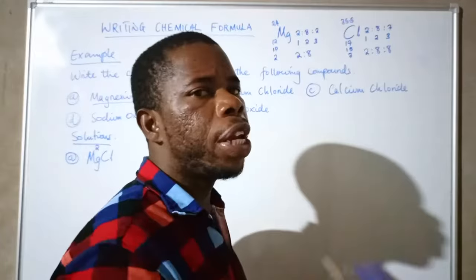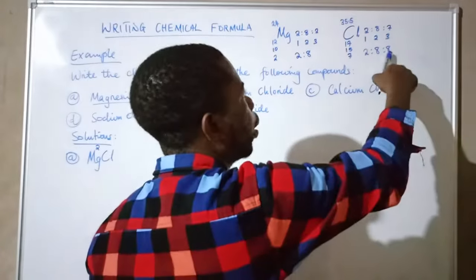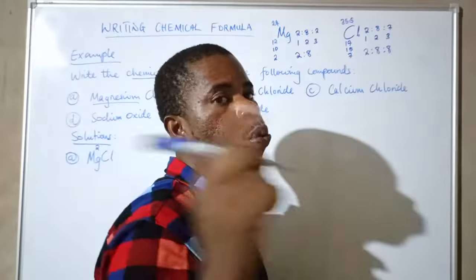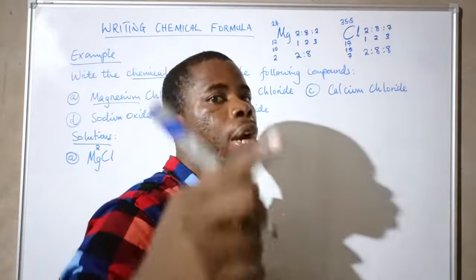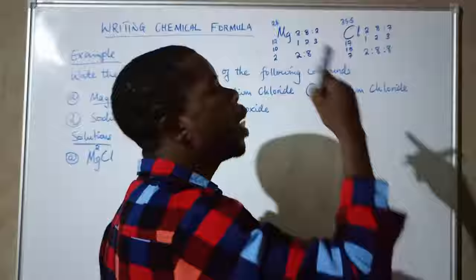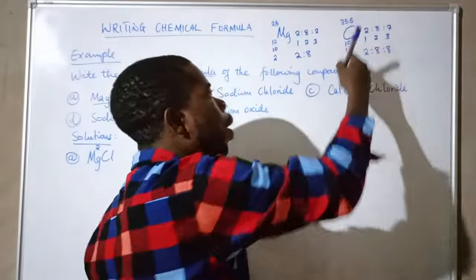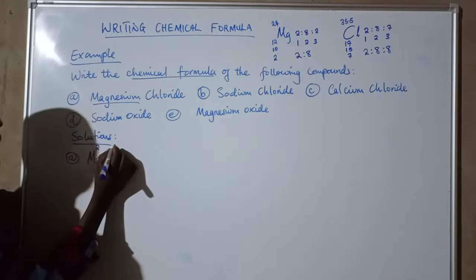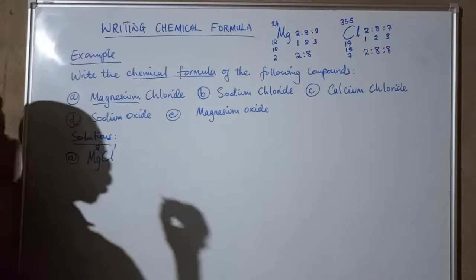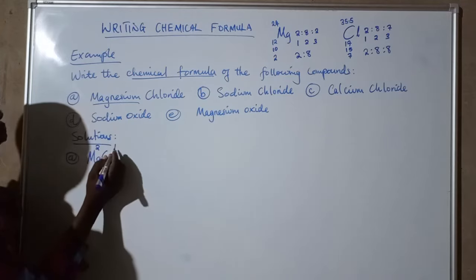Now, how many more electrons were gained to get 8 from here? It is 1. Therefore, that number of electrons which were gained, which is 1, becomes the valence electron for chlorine. So you know 1 is the valence, so you write it here as a power. Then after that, you have to swap.